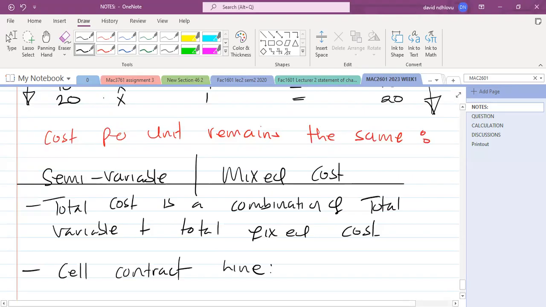But when you start calling, there are additional costs that you are going to incur. Those additional costs are variable because they depend on the number of minutes that you spend on the phone. So the more minutes on the phone, the higher the cost. The lower the minutes, the lower the cost. But when you get to the total bill, it contains that variable element plus the fixed small amount, which is always there. So that's an example of a semi-variable or a mixed cost.